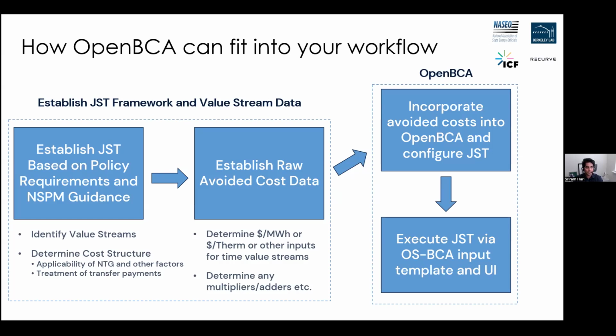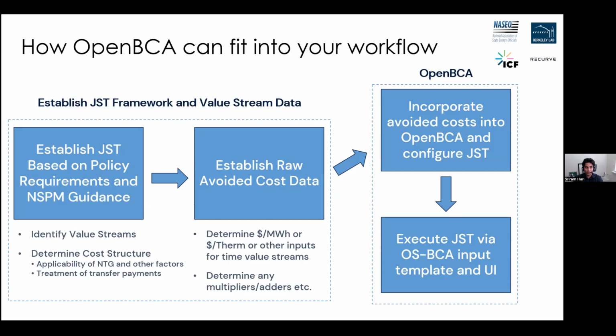The second part is to establish where your avoided costs are coming from. This could be through public resources like NLR's Cambium database. There's also additional modeling that needs to be done, like an IRP proceeding, where you can come up with what avoided costs are applicable for each and individual value stream. And both of these inputs feed into the OpenBCA.